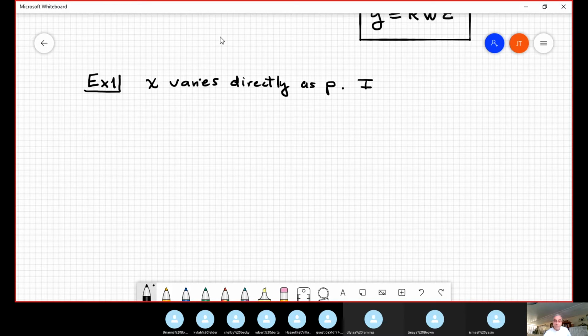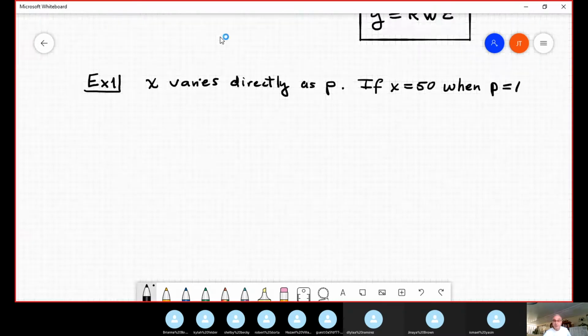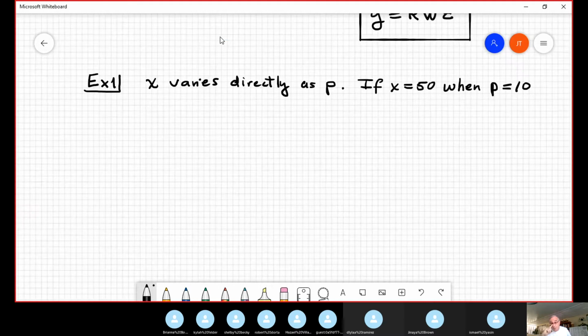If x equals 50 when P is equal to 10, find x when P is 40.